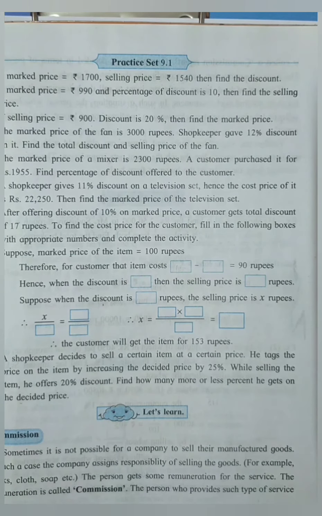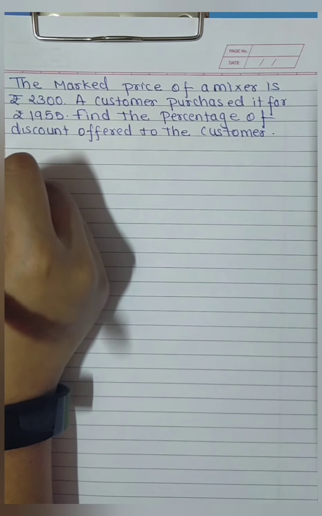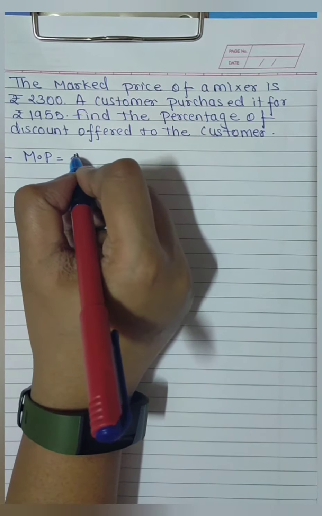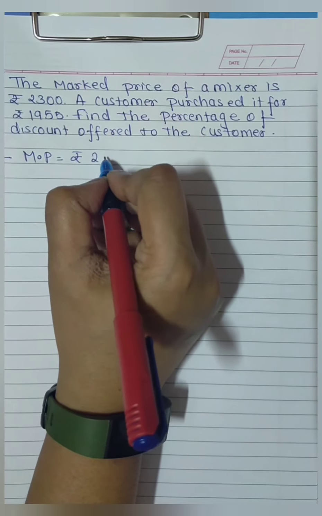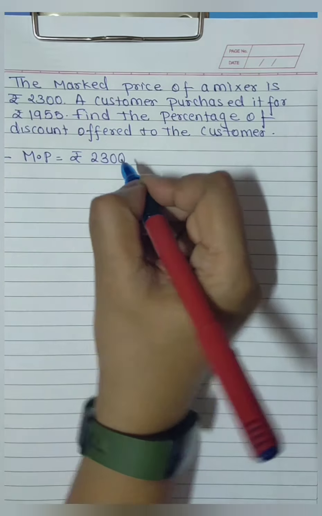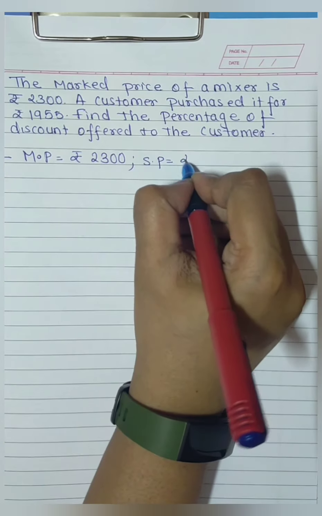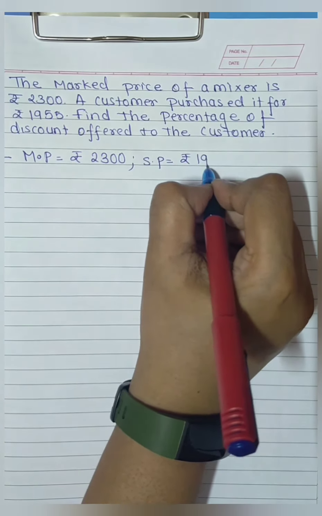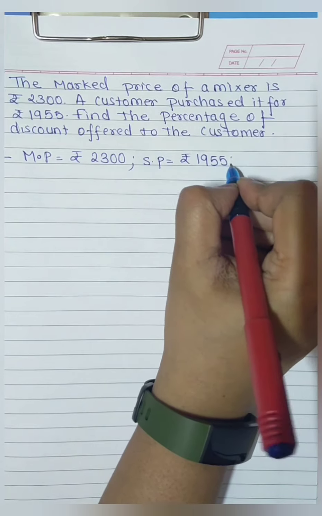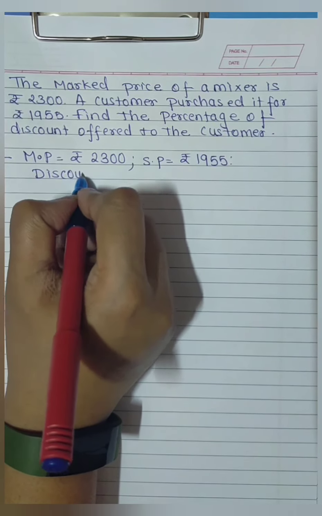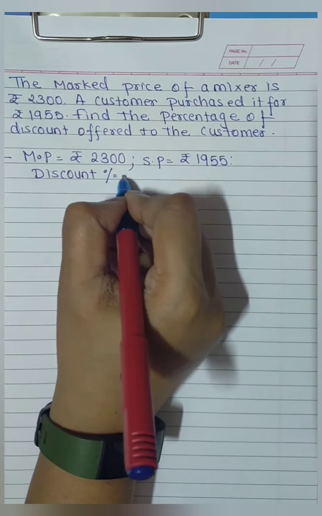Okay, we'll start with the solution. Now here MP is given as rupees 2300, that is our mark price, and selling price is given as rupees 1955. Now here we have to find the percentage of discount.